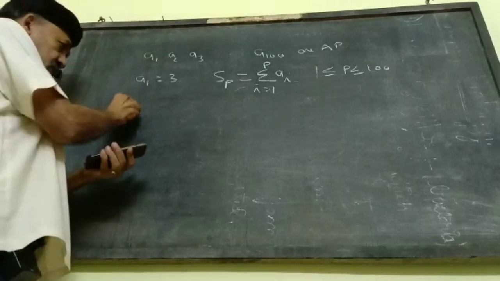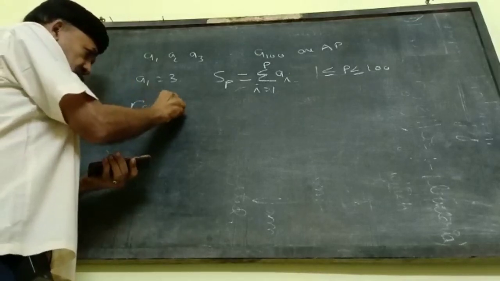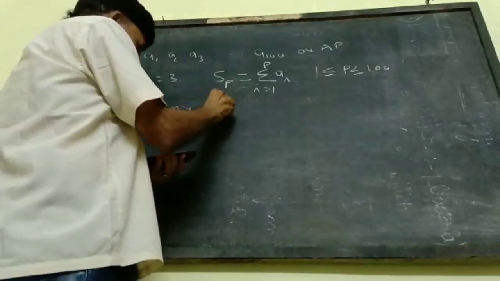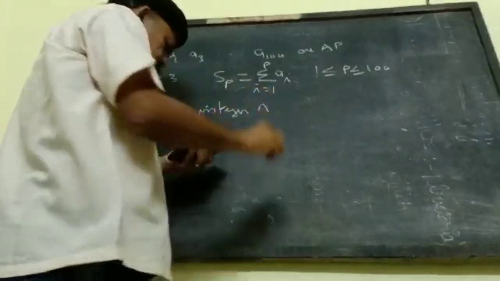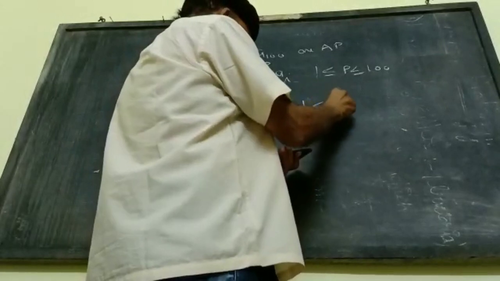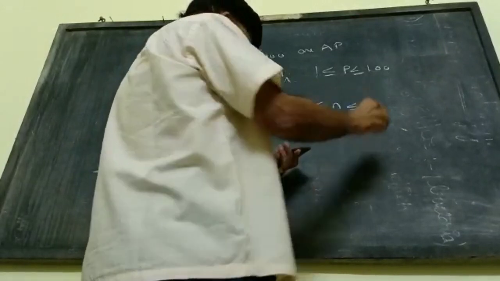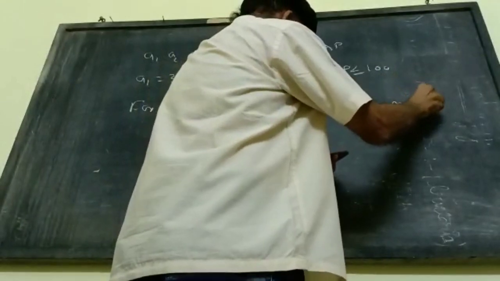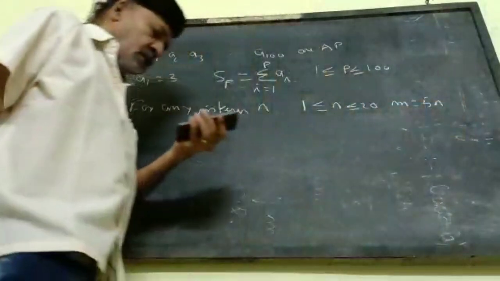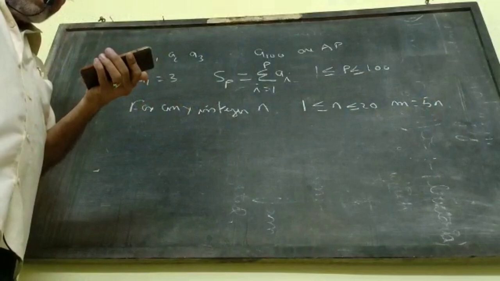For any integer n, 1 less than or equal to n less than or equal to 20, m is equal to 5n.